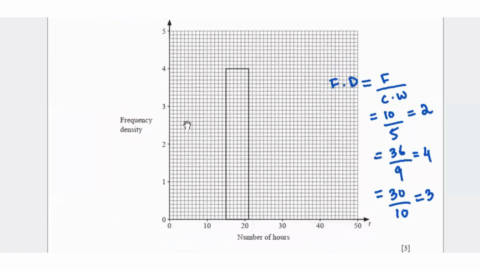So for the first one, this is your column. That was 21 to, I think, 30. So that's going to be at 4.